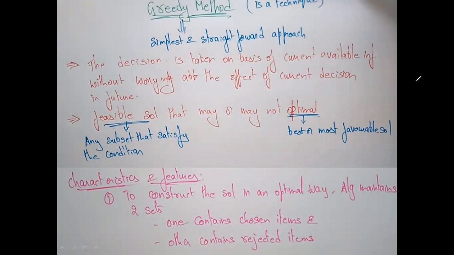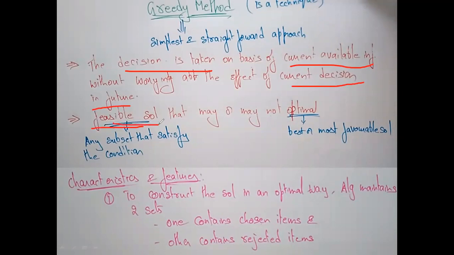Finally, as I conclude, greedy method is a technique. It is not an algorithm, it is a technique. It is a simple and straightforward approach. The design decision is taken on the basis of currently available information, without worrying about the future effect of the current decision. This feasible solution may or may not be the optimal solution.